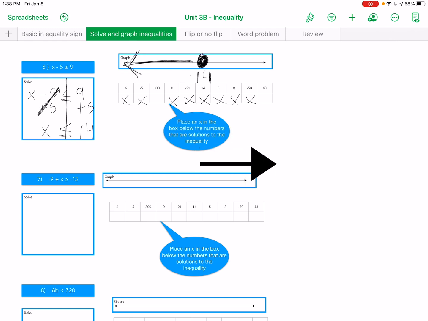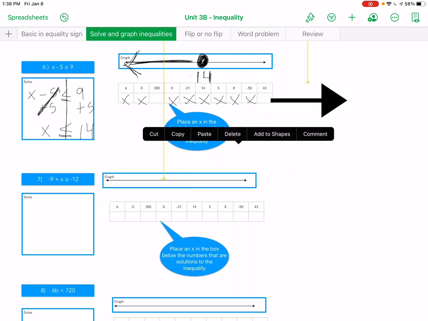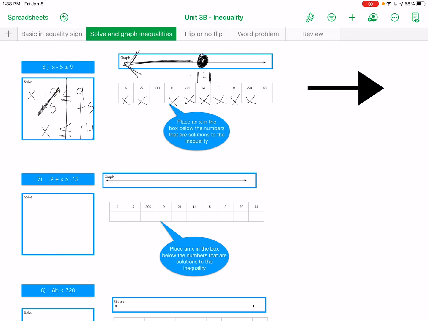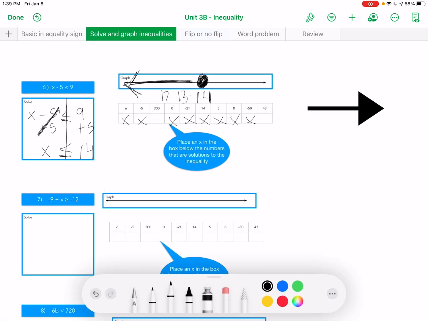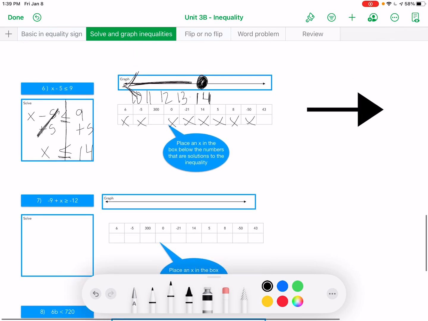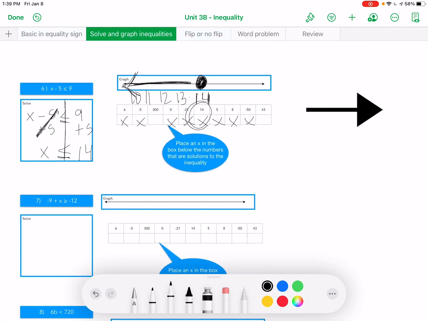I'm having a hard time figuring out how to rotate it, but if you want to take the time to do that, you can. So if x is less than 14, that means this would be 13, 12, 11, 10, and so on, and it would be less than or equal to. That's why we shaded in this 14.